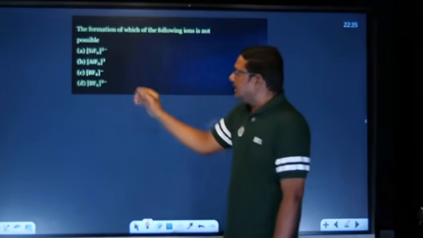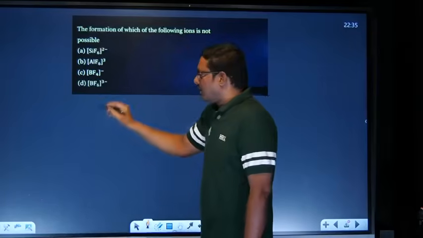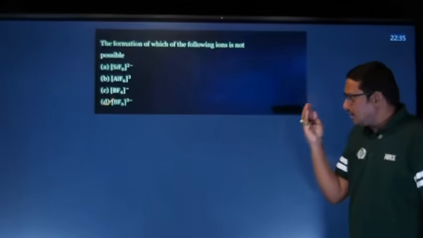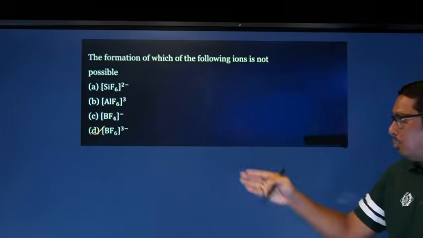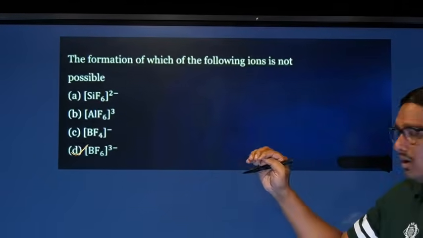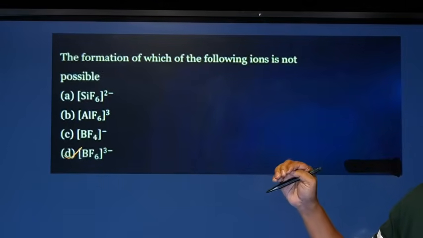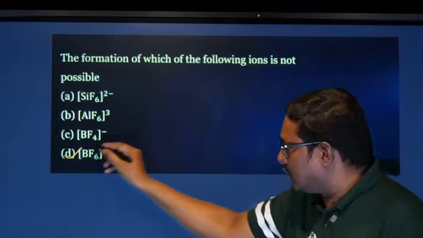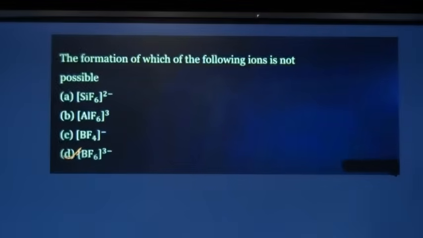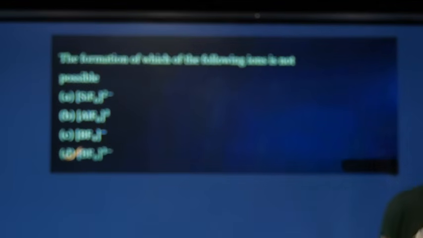That means boron, the first element of the third group, can form a maximum of 4 bonds. Boron is unable to form pentavalency or hexavalency. So the right option is not only boron. If you go for carbon or nitrogen, they are also unable to form more than 4 bonds.